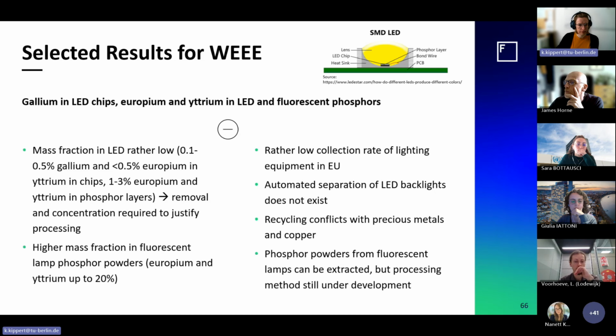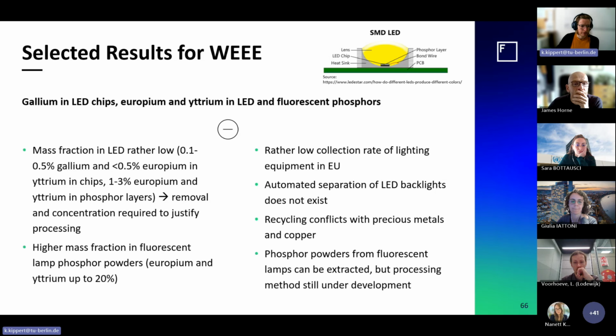Giulia already mentioned that the amount of rare earth elements is declining, which is also due to the phase out of the fluorescent lamps, because they contain up to 20% of rare earth elements, but the LEDs, on the other hand, contain much smaller quantities of rare earth elements.